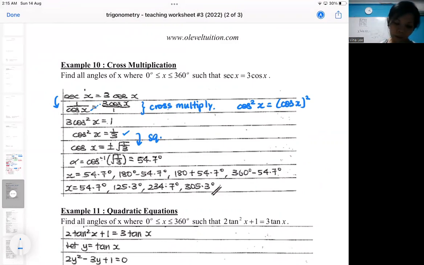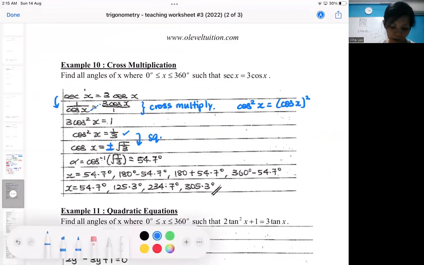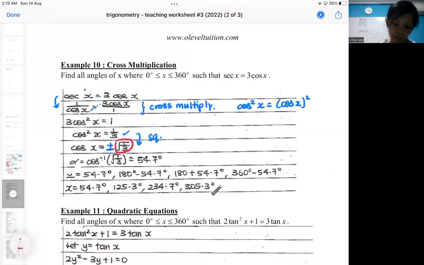So eventually there's a plus minus, but does it affect your basic angle? No, because in any case, if I want to do my basic angle, I need to ignore the negative sign. So that's why if you look, my basic angle is cosine inverse of the square root.